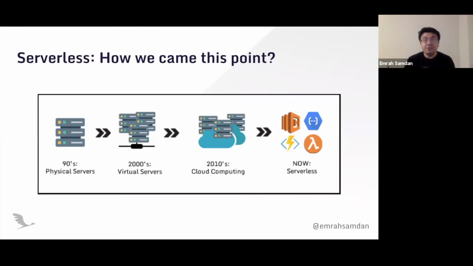Function as a service arrived almost 6 years ago, and it brings a new paradigm to software application development.